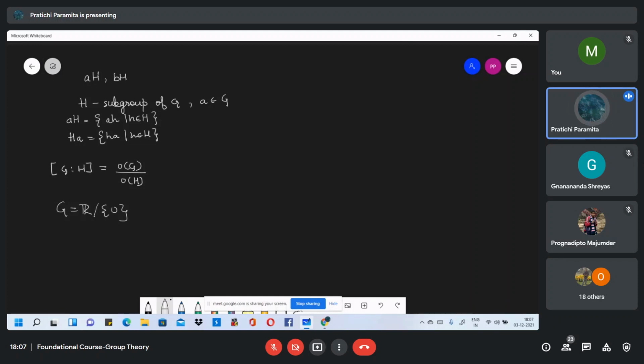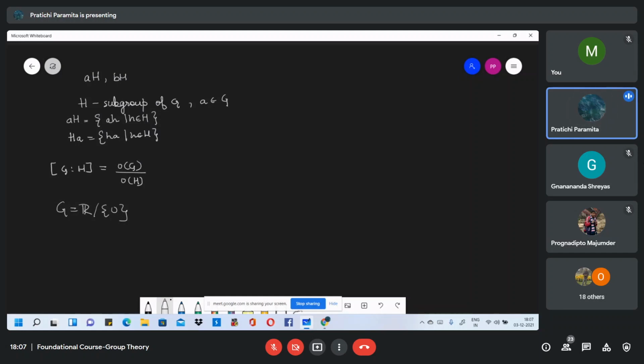So basically, what I'm saying is that if I have a group which has an infinite number of elements, then I can have a subgroup which has finite index. This was a very trivial example. I have another trivial example: the set of integers, and I'll take the set of even integers.